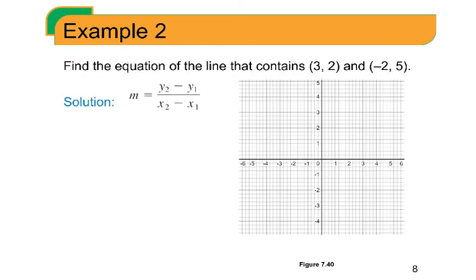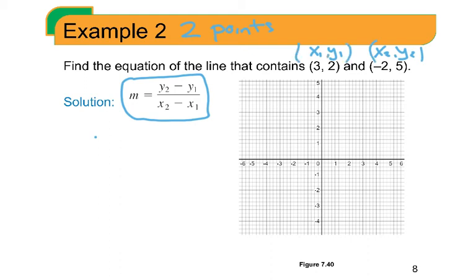Okay, now this is a little different. We are given 2 points, and we want to find the equation of the line. So it's going to be important to come up with the slope. This is the equation for finding the slope. Let's go ahead and plot these 2 points. I'll call this one x1, y1, and this one x2, y2, just to keep things straight.